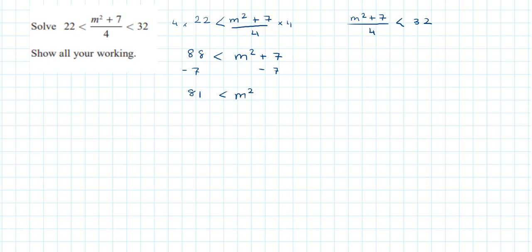Since this is a quadratic inequality, I have to consider the graph before I write down the inequality. So let me draw a sketch.